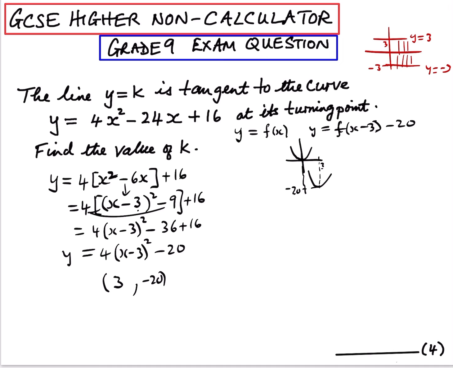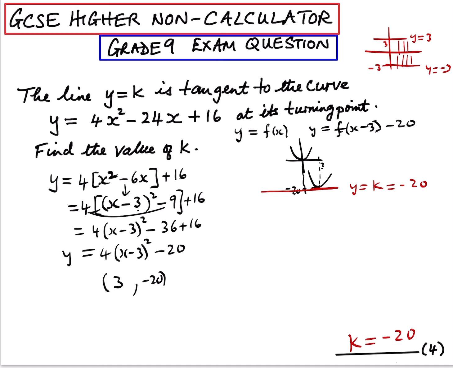So at minus 20, can you see that y equals k? The tangent is actually y equals minus 20. So the value of k is equal to minus 20. And that's the answer. So I've shown it to you in terms of transformations.